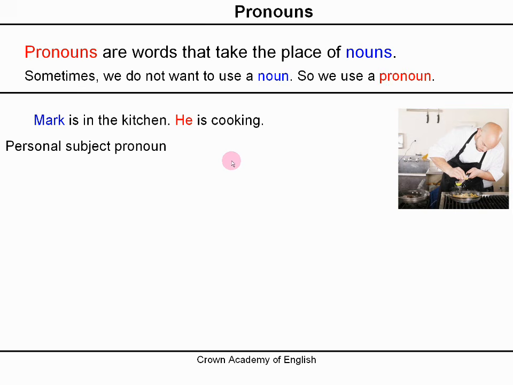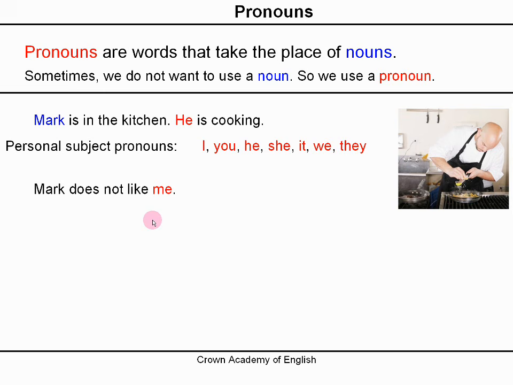And he is in fact an example of a personal subject pronoun. And the others are I, you, he, she, it, we, and they. Mark does not like me. Okay, so my name is Andrew, but perhaps in this sentence we don't want to say my name, we just want to refer to me.